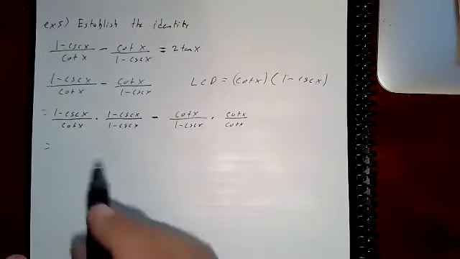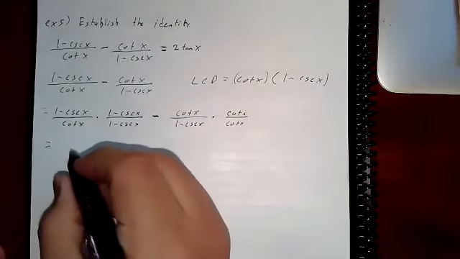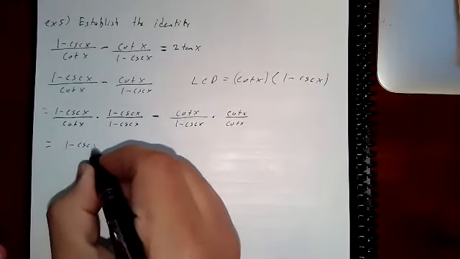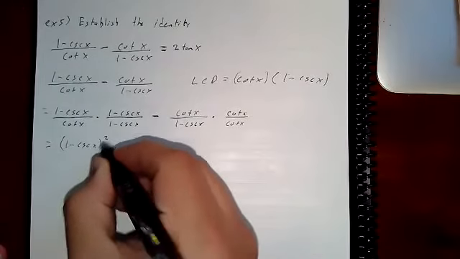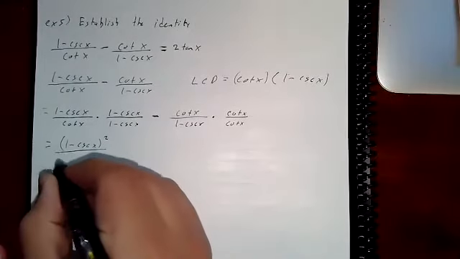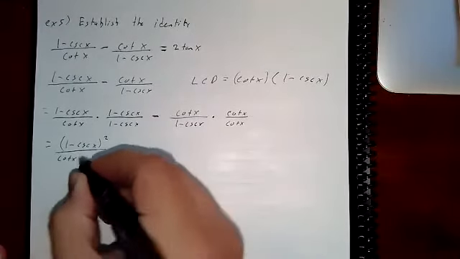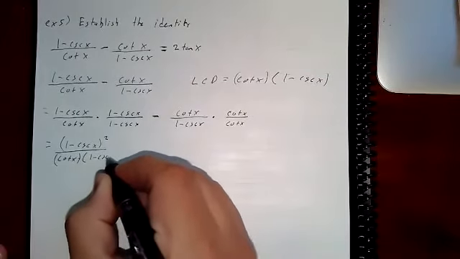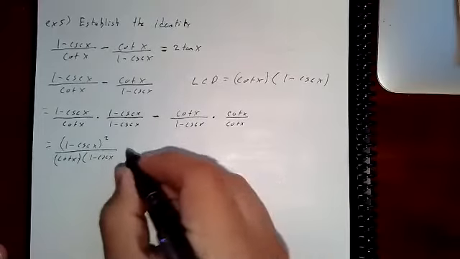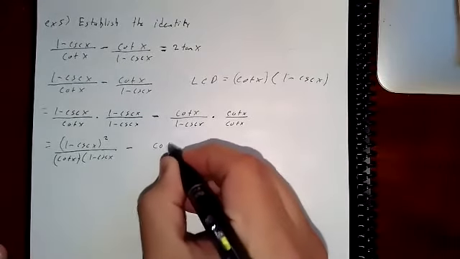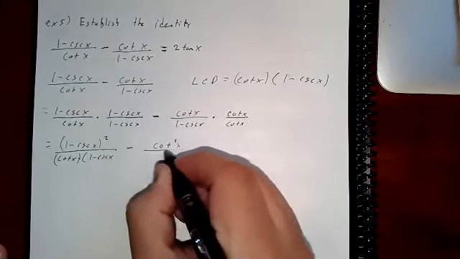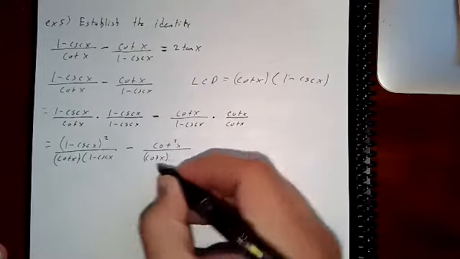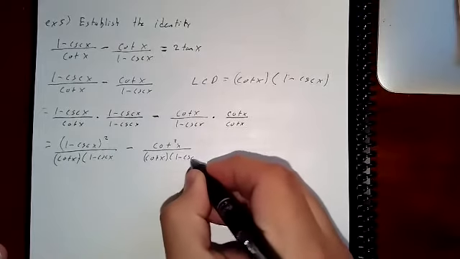So we will get 1 minus cosecant squared on top, it's 2 of them, over the LCD cotangent times 1 minus cosecant, minus cotangent squared over cotangent x times 1 minus cosecant.